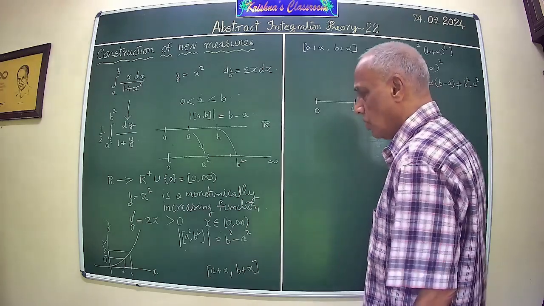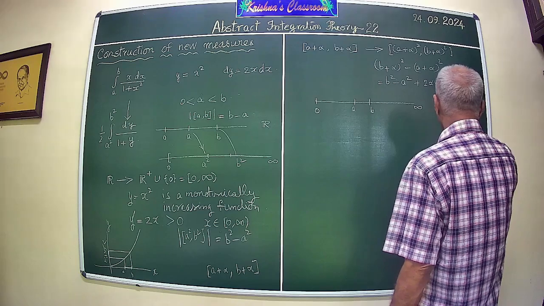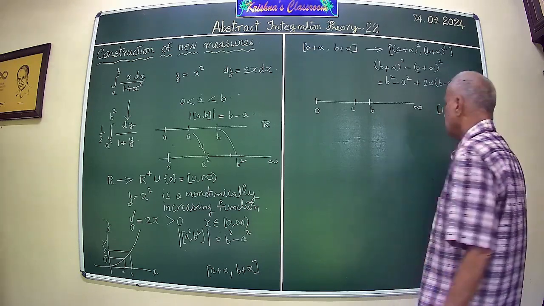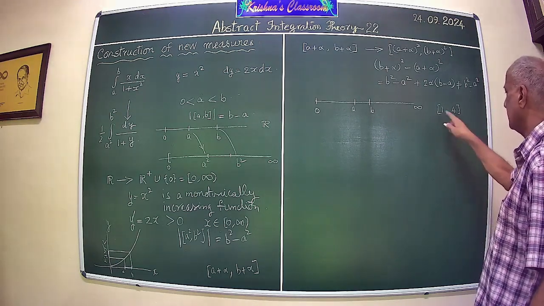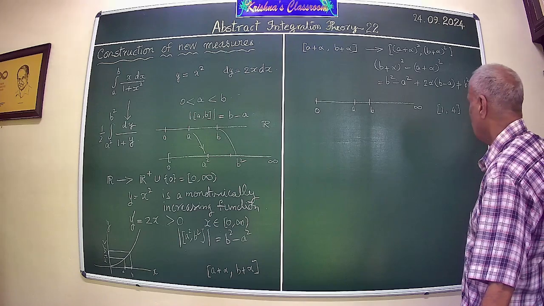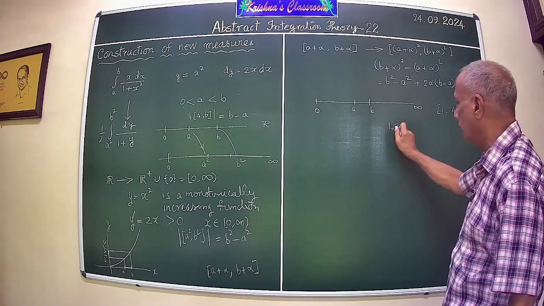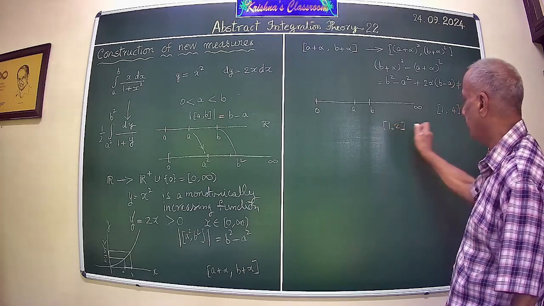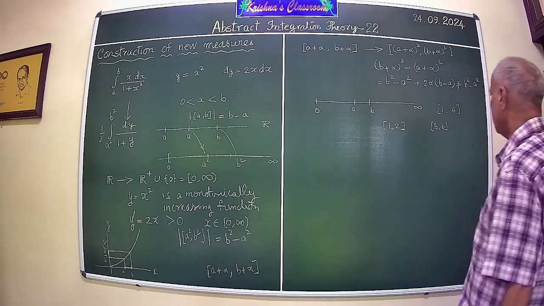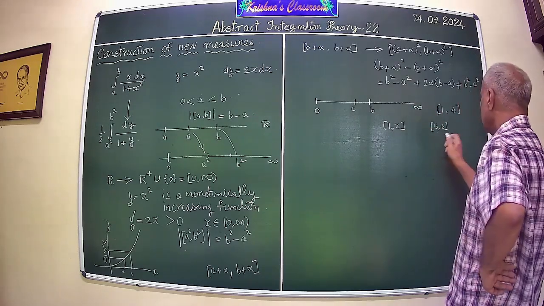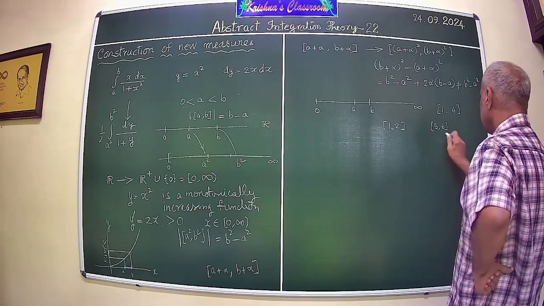1 to 2, the image would be 1 to 4. So the image has length 3, whereas for the corresponding interval 5 to 6, originally they have the same length, but what happens to this image? You have 25 or 36.